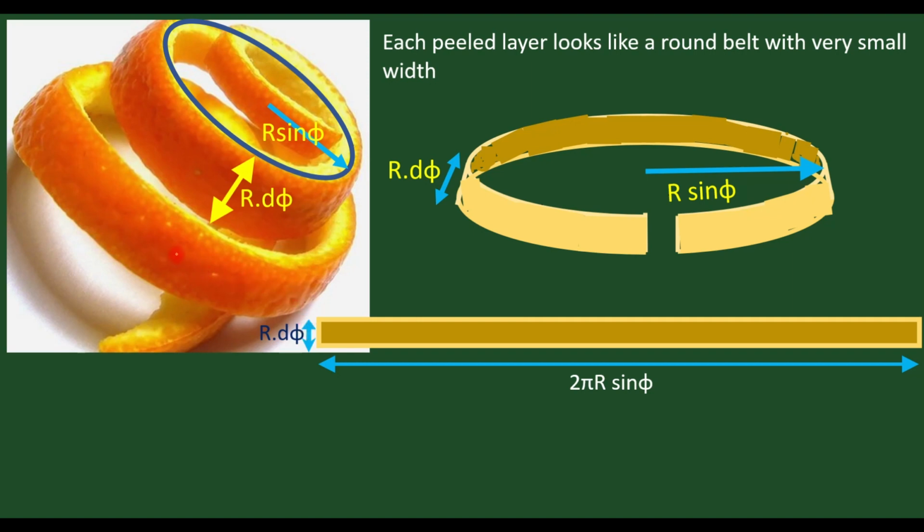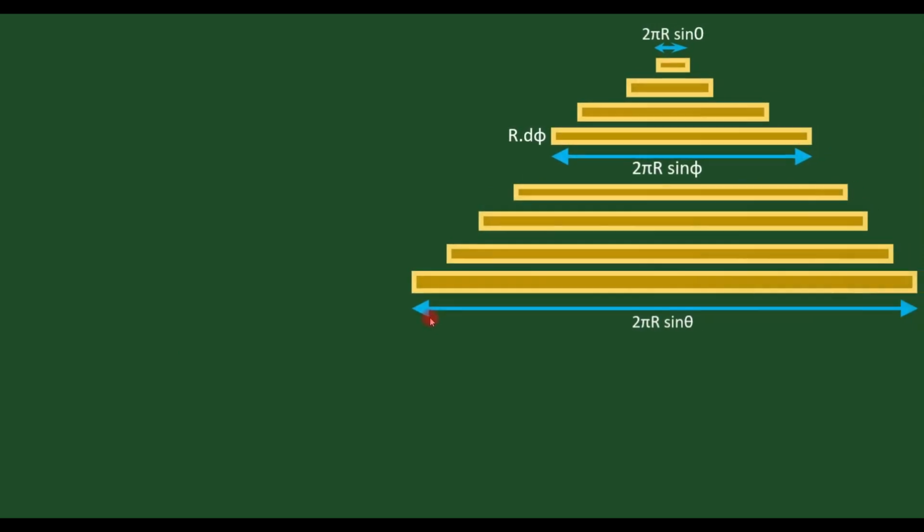Now you can see in this figure that there are multiple such belts. In order to get a perfect rectangle, or as close as possible to a rectangle, we'll have to take the width of the belt very small. Otherwise, if the width is not small, we will get a shape close to a trapezium.